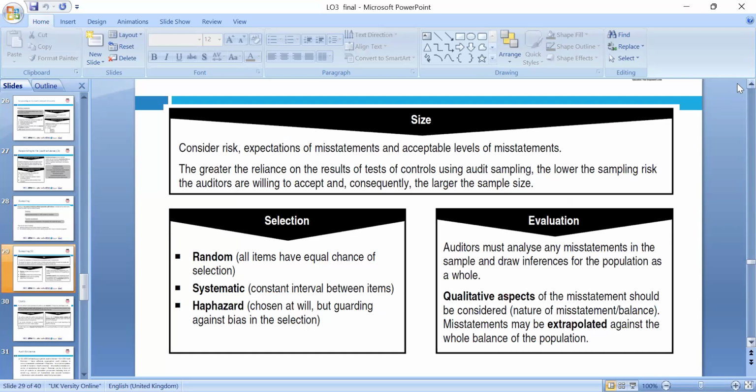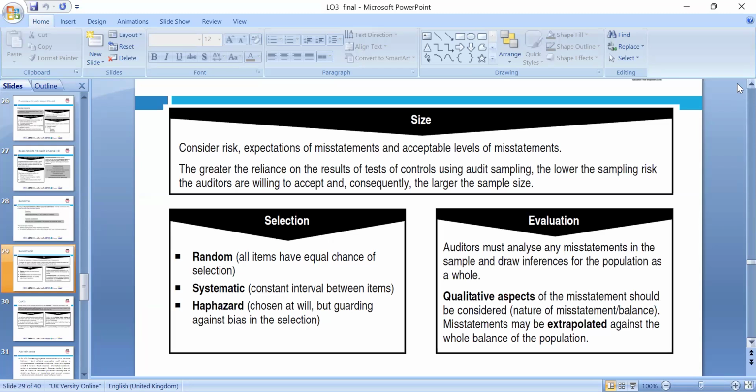Consider the risk and expectation of misstatement, the acceptable level of misstatement, greater reliance which we can place on the control, and the audit sampling risk.